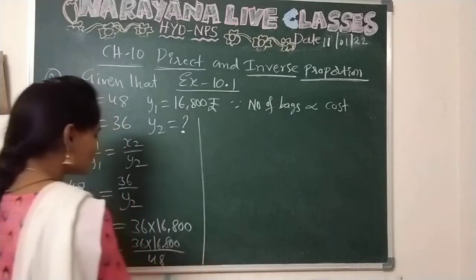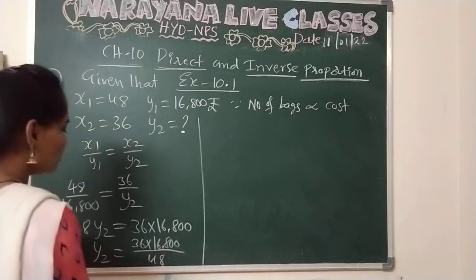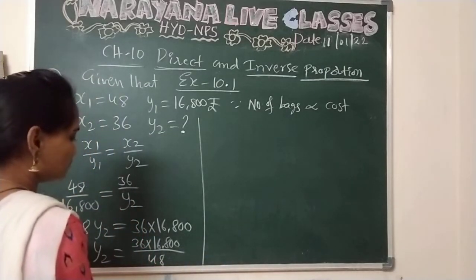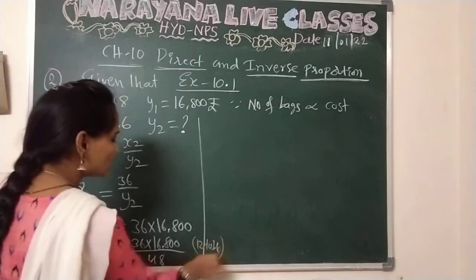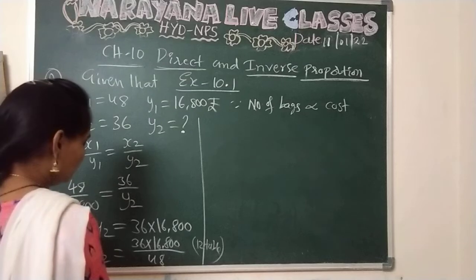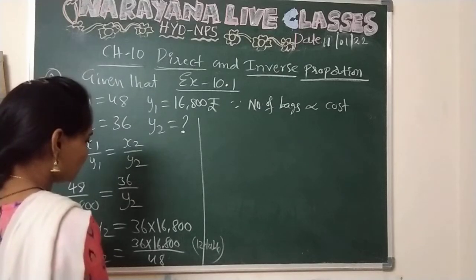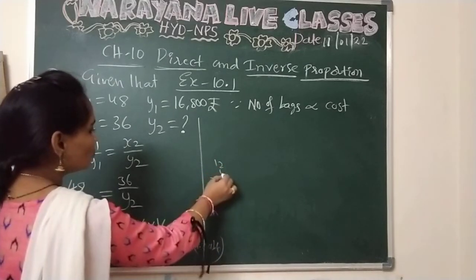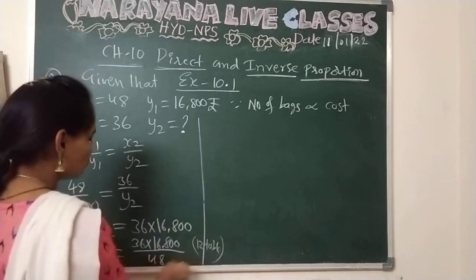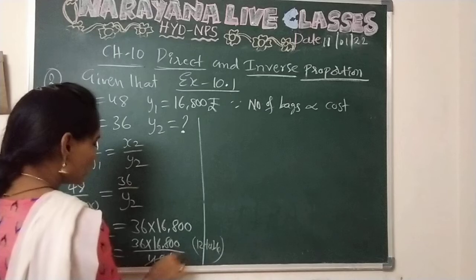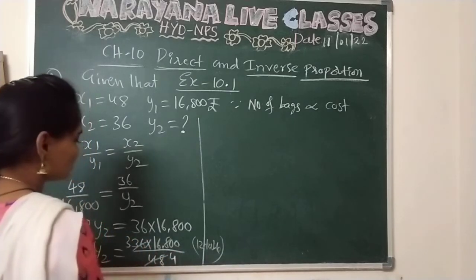Now if there is any cancellation, do the cancellation. Better to do it with the 12 table. I am writing here the 12 table. Use the cancellation. 12 4s are 48. If any doubt, you can do 4 2s are 8, 4 1s are 4, 48. So 12 4s are 48, 12 3s are 36.